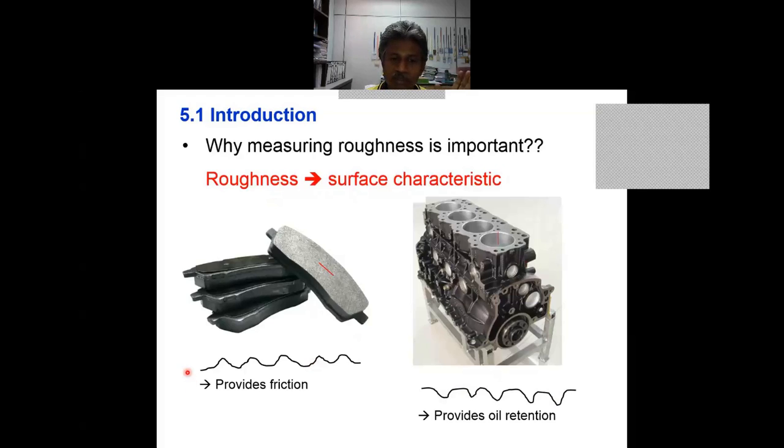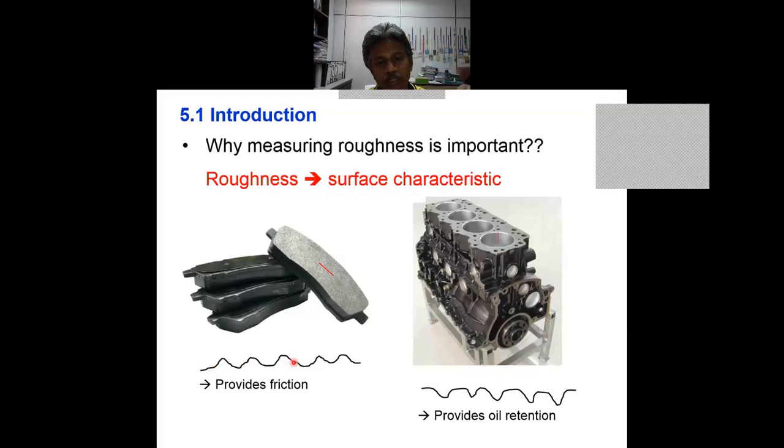So when you measure the surface roughness after some time of use, for example, after this brake pad has been used for some time, you'll find that the top section will be worn out, and this part will become flattened. This also will become flattened. The longer you use it, the more this part will be flattened.